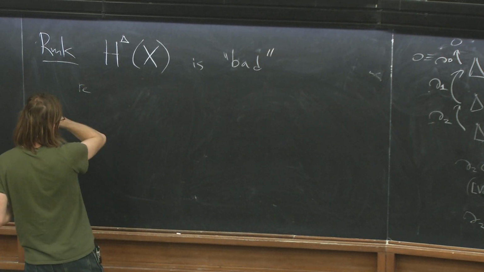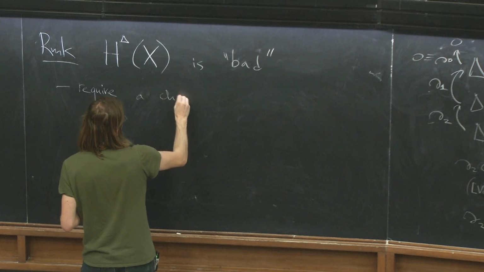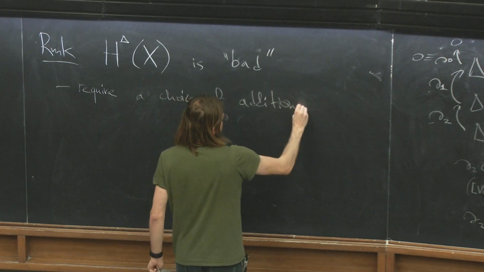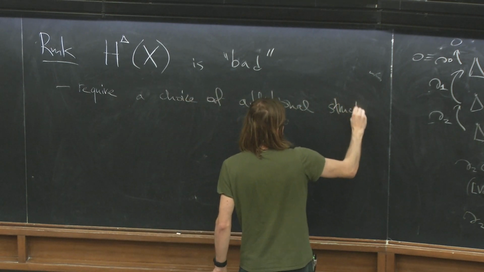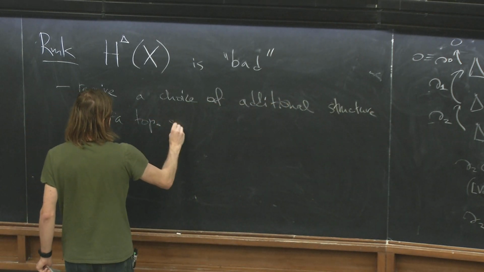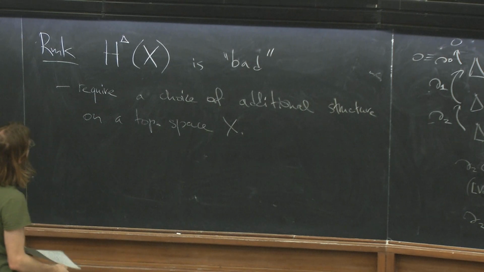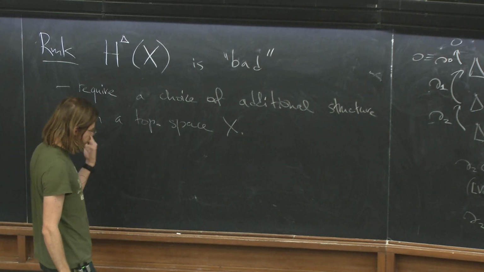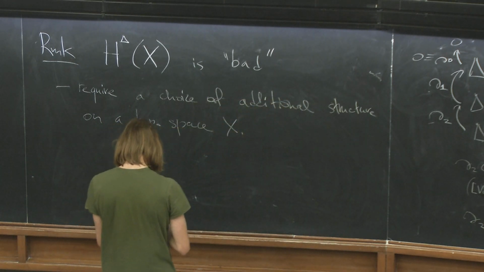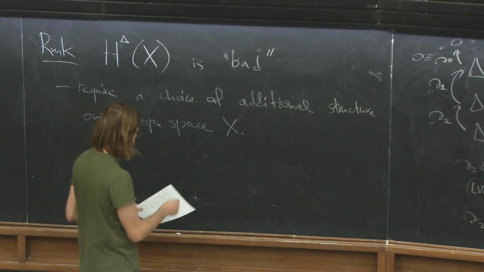Because it requires a choice of additional structure on the topological space. In principle, one can show that if one chooses a different delta complex structure, the resulting group will be isomorphic. But this is not what we want to do, and this is not usually what is done.